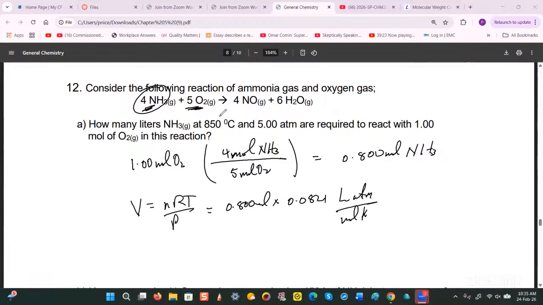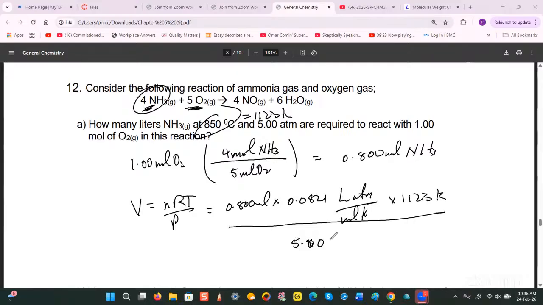What's the temperature? 850. So again, we have to convert that to Kelvin. So that's 850 plus 273. So this works out to be equal to 1123 Kelvin. So that goes here. And then we divide all of that by the pressure, which is 5.00 atmospheres.